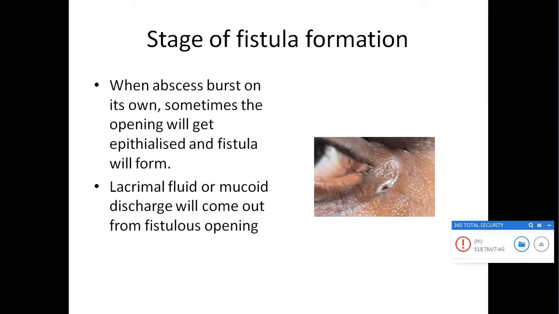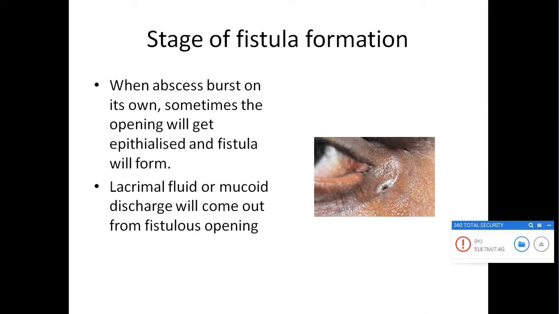The third stage is the stage of fistula formation. When the abscess bursts on its own, sometimes the opening will get epithelialized. So this is the opening. If you remember the anatomy, the sac will lie here, and when the abscess bursts, the sac epithelium and skin will get lined by the opening through which the abscess has burst, and a fistula will form.